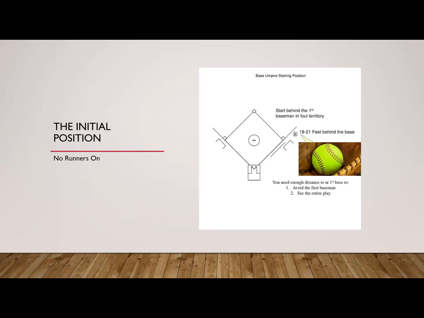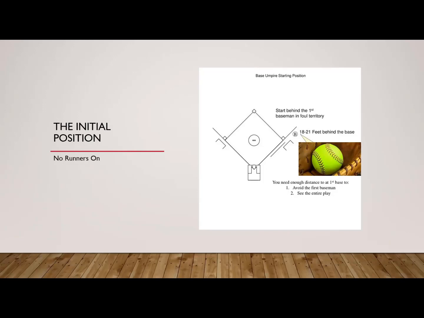You need to make sure that you have enough space so that you're not going to interfere with the play. With no runners on, you're walking, and when there is a hit ball, whether it be to the infield or the outfield, you have specific moves that you need to make.